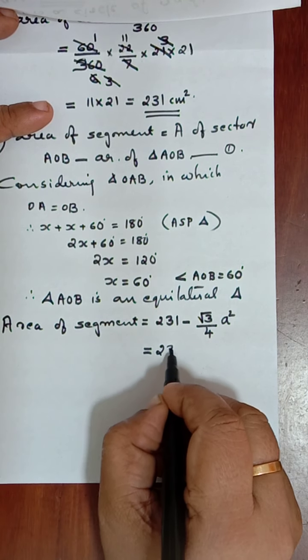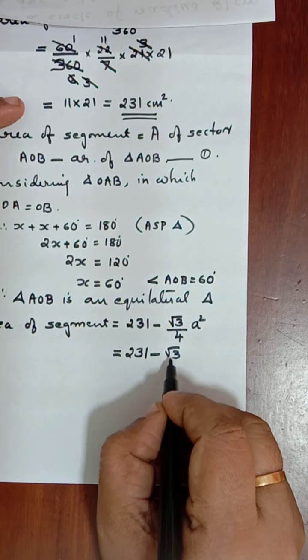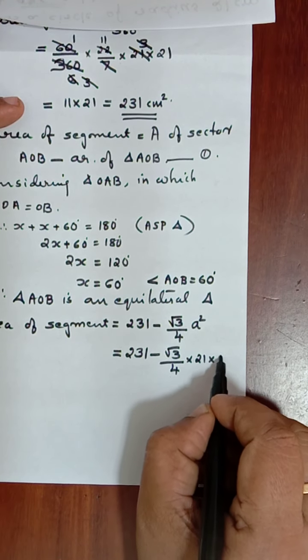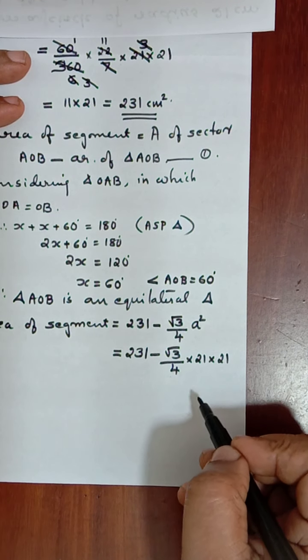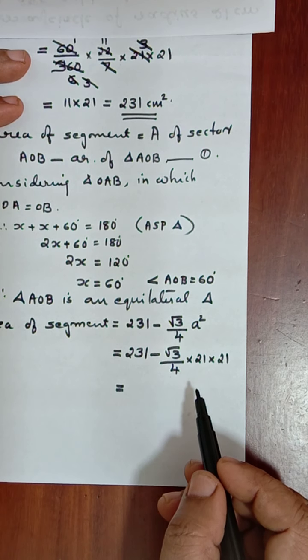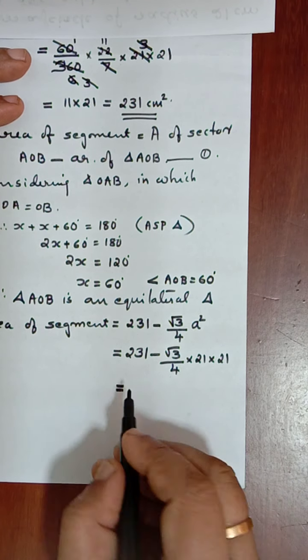So we can write it as 231 minus root 3 by 4 into 21 square. 21 into 21, we won't be able to cancel. What do we do then? We multiply 21 into 21, and we get 441.